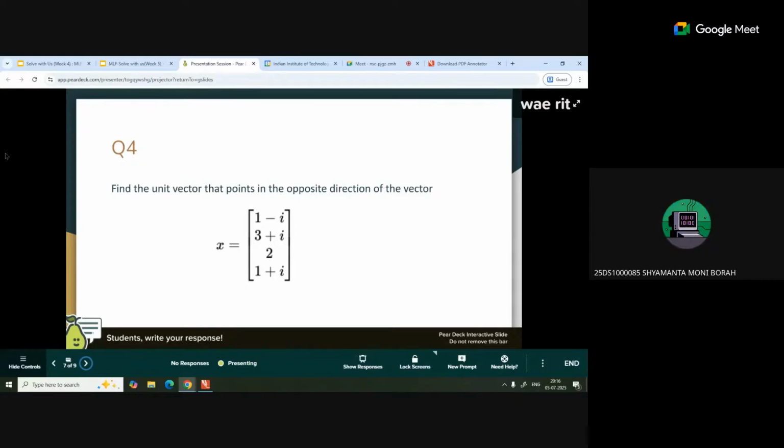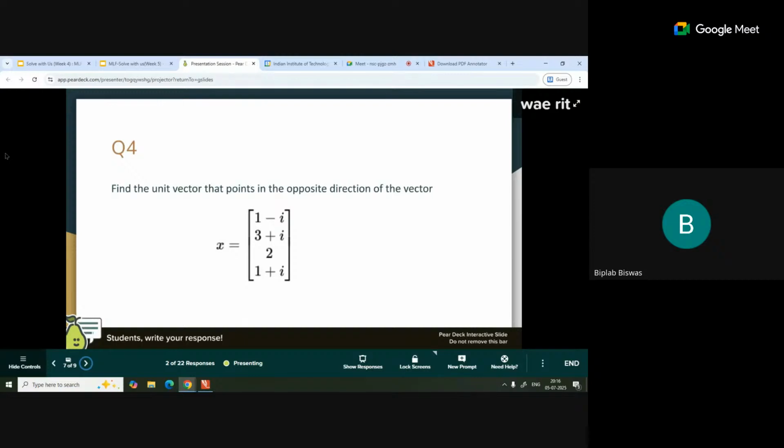The earlier answer was no, they are not orthogonal, for question number 3. Now we have to find the unit vector that points in the opposite direction of this vector. Not perpendicular, 90 degrees; the vector has to be 180 degrees, a complete opposite direction.